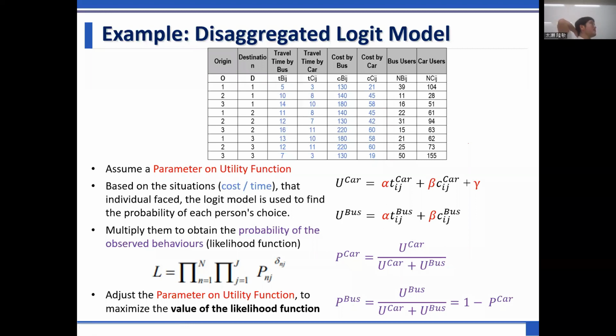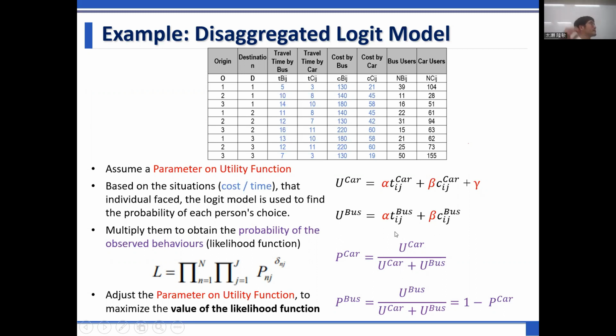And when you multiply them, you obtain the probability of the observed behaviors by the likelihood function through this formula, and the so-called parameters, these red colored alpha, beta and gamma, will be adjusted to maximize the value of the likelihood function.